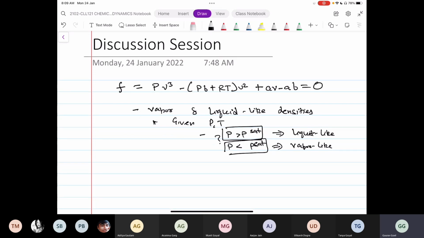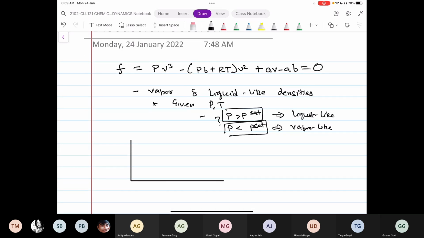Okay, so let us see graphically. So once I specify pressure and temperature, all the coefficients of that cubic equation are known to me.